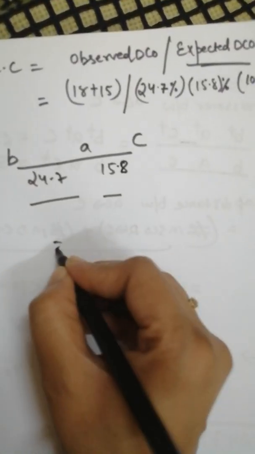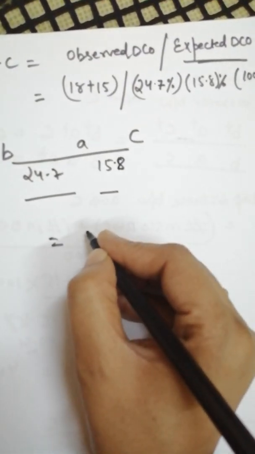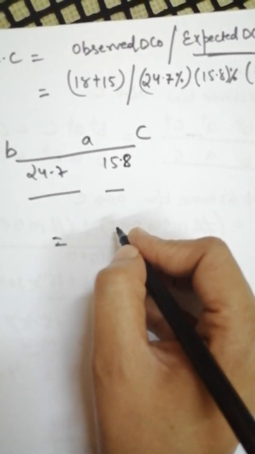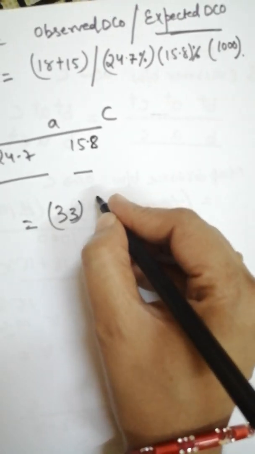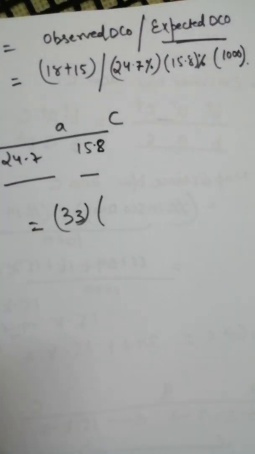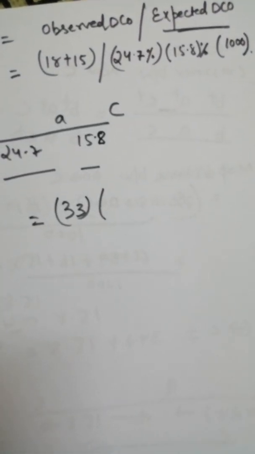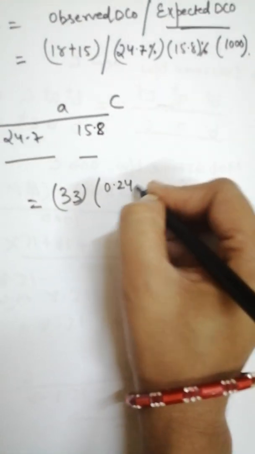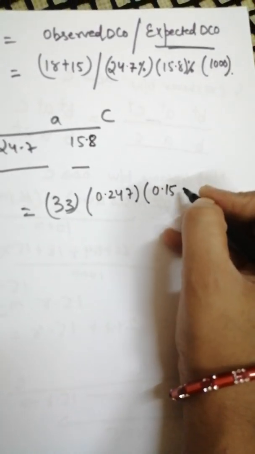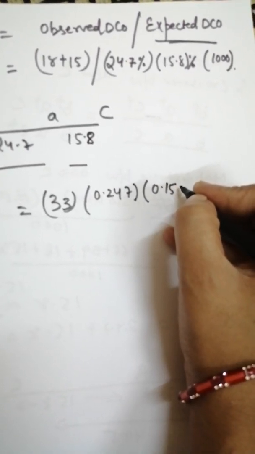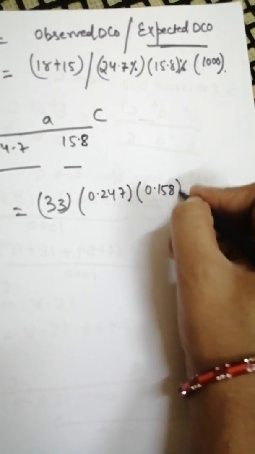So it can be calculated as 1000 times 0.247 times 0.158.